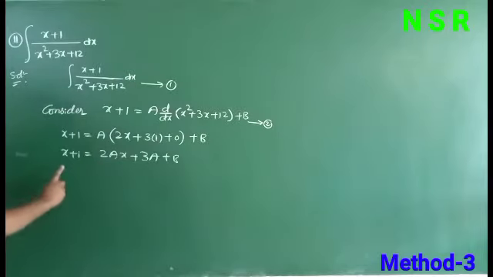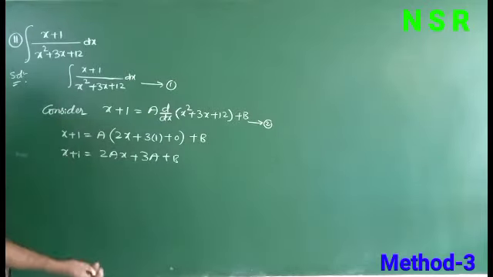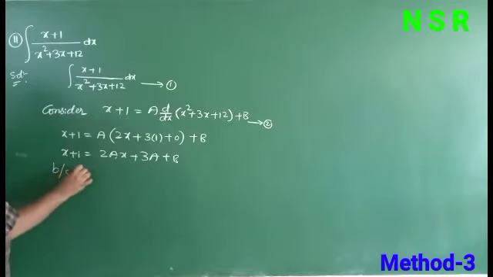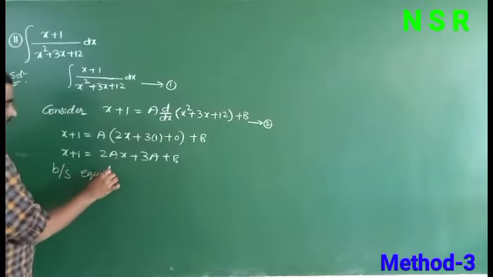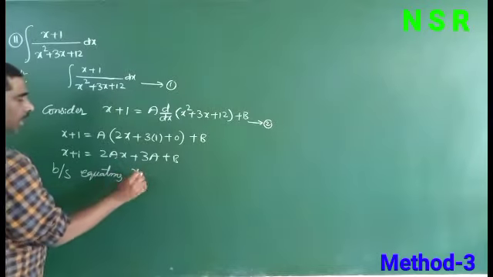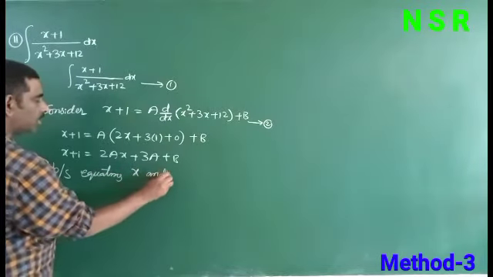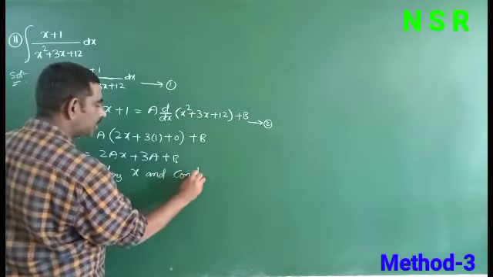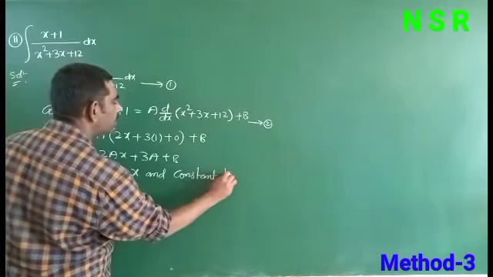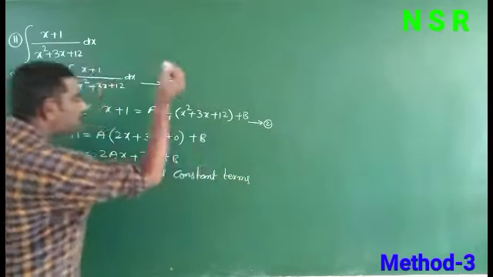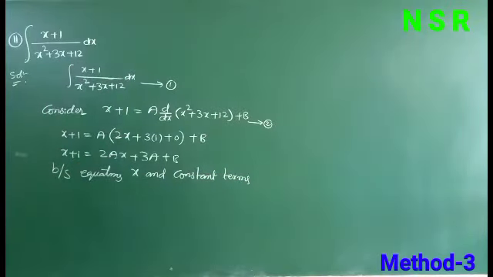So x + 1 = 2ax + 3a + b. Both sides we have x and constant terms, so equating the x coefficients and the constant terms.